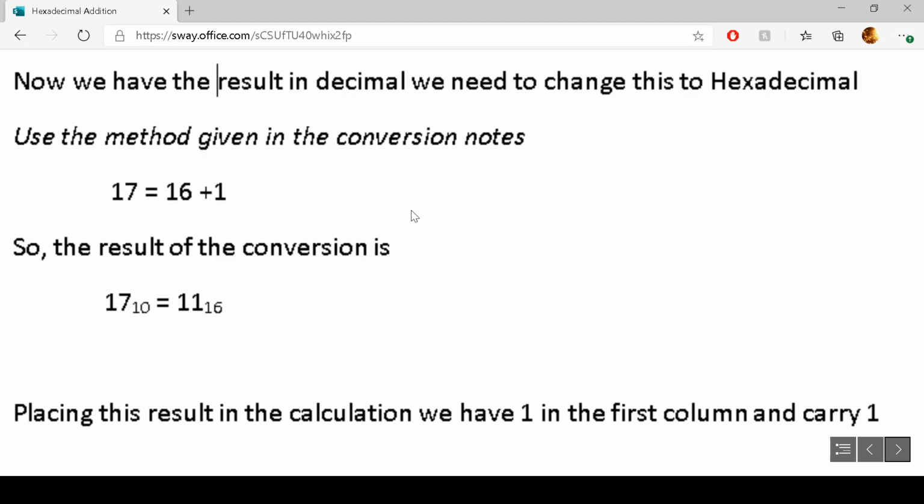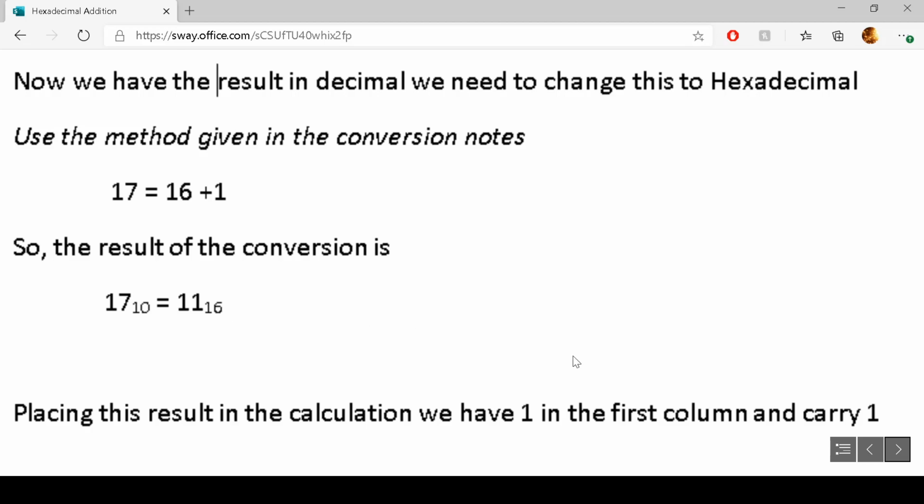Now 17 is too big to go into the unit column, so if we take 16 out of that, we're left with 1, so 17 is equal to 16 plus 1. So the result of the conversion is 17 decimal is equal to 11 hexadecimal. Use the conversion notes you've been shown if that's what you prefer to do. That's absolutely fine.